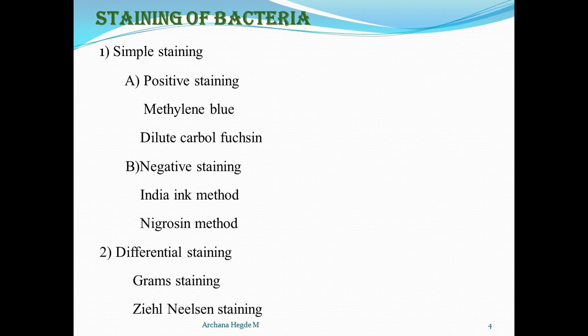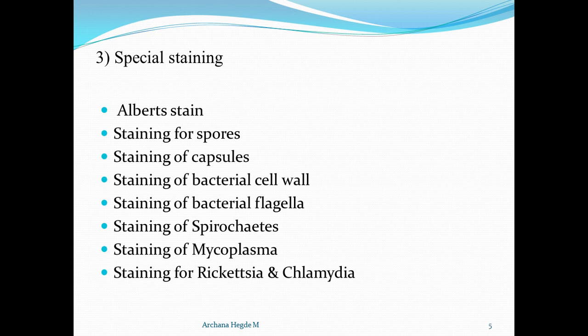Differential staining is a method where one or more microorganisms can be stained together to view in the same microscopic field, and different stains can be used, like a primary stain and a secondary stain. This includes Gram stain and ZN staining, which is also called Ziehl-Neelsen staining.